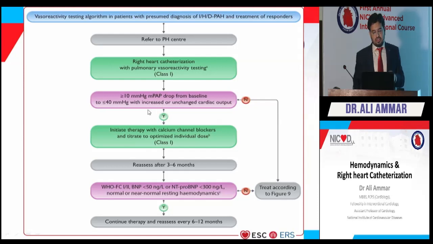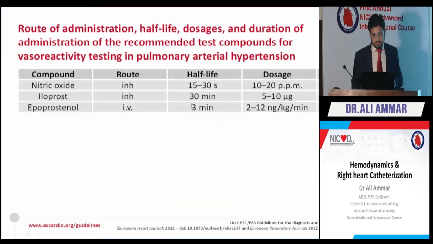So we will do the reversibility testing, and this is the parameter that will decide it. For reversibility testing, which agents are indicated? They are nitric oxide, iloprost, epoprostenol, but unfortunately they are not available here. So what we are doing is using oxygen.